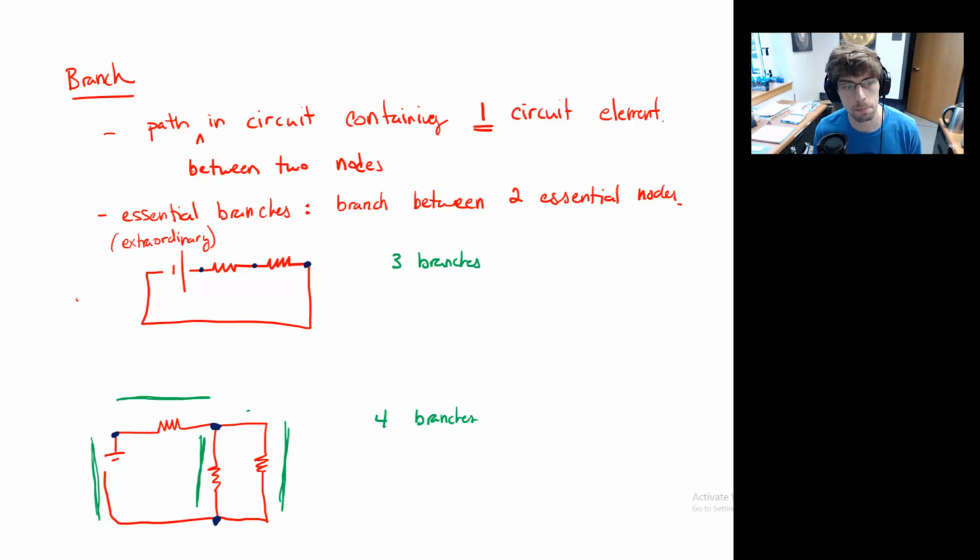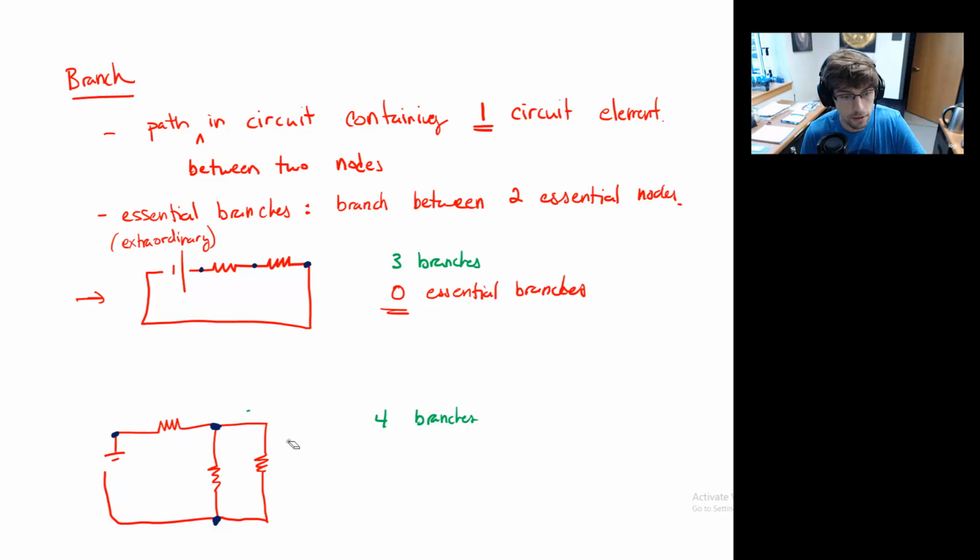So go ahead, this first circuit, how many essential branches? None. Good. There are no essential nodes, so there are 0 essential branches. How about the bottom circuit? Okay. Here we have to be careful. So how many essential branches? Well, we have 1 essential node here.